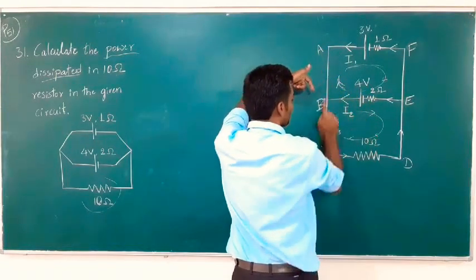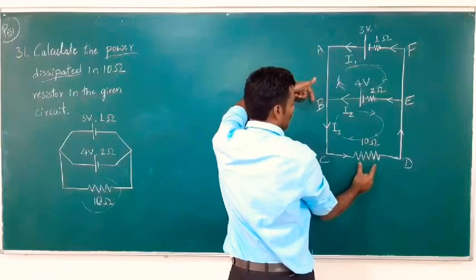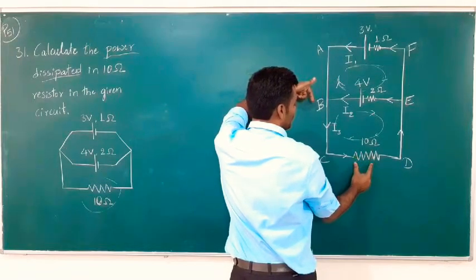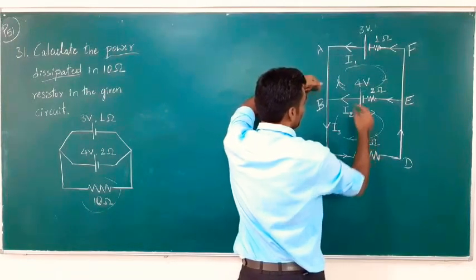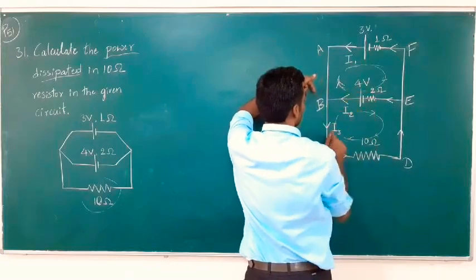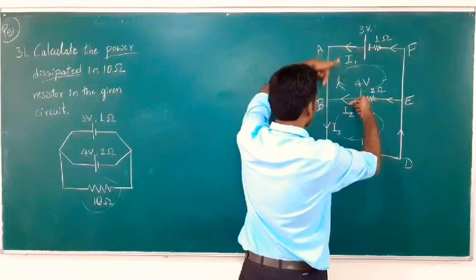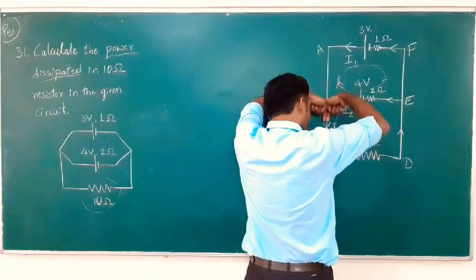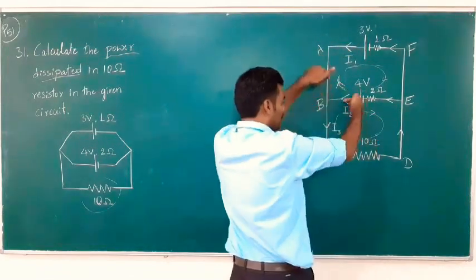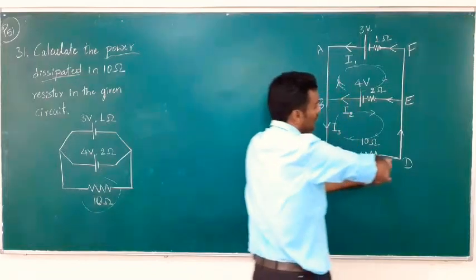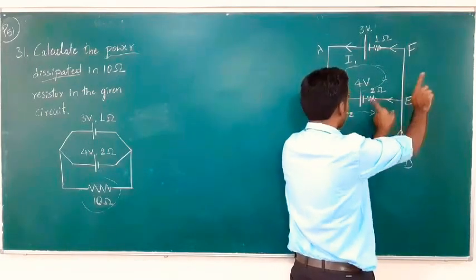I3 can't be like this, you don't have a cell or battery here. It is just the external resistor. So these currents will decide the direction of I3. I1 is like this, I2 is also like this, so I3 will be in the same flow of I1 and I2, and from here I3 splits again.